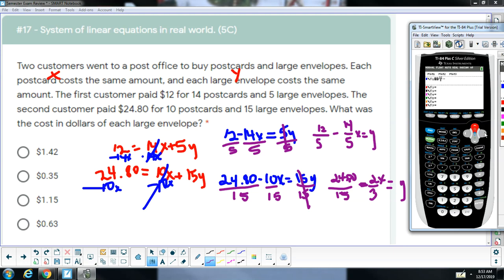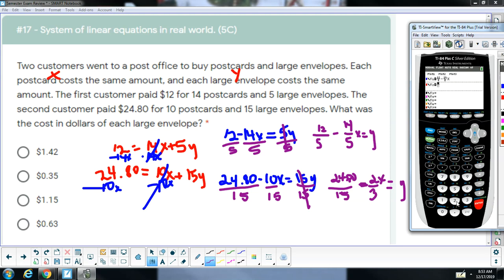Oh, what happened? Alpha y equals enter. 14 over 5 x. I don't want x in the denominator. There we go, x. And then enter.